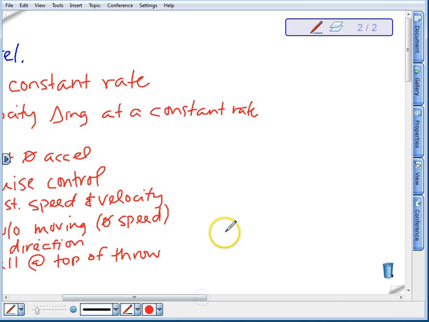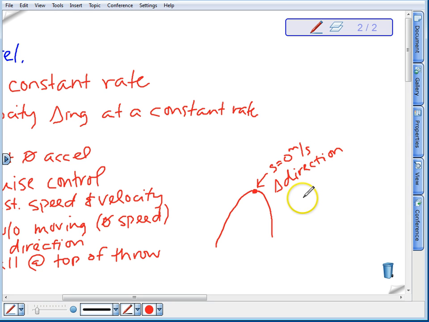When you throw that ball up in the air, right there before it starts to come back down, it actually has a 0 speed. It's perfectly still, but it is changing directions from going up to going down. So it has acceleration even though it does not have speed.